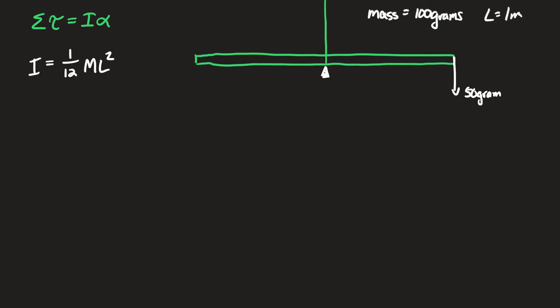Let's assemble this question. What I would like to know is the angular acceleration of this system. This is an F equals ma question. To do this problem, you have to recognize three things.